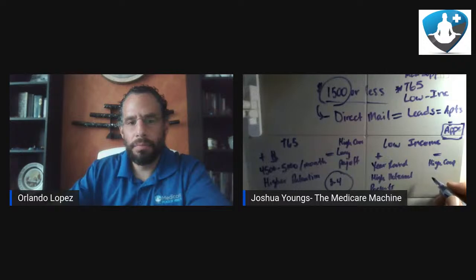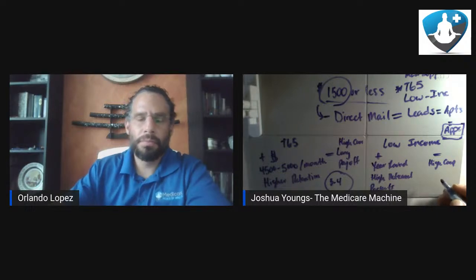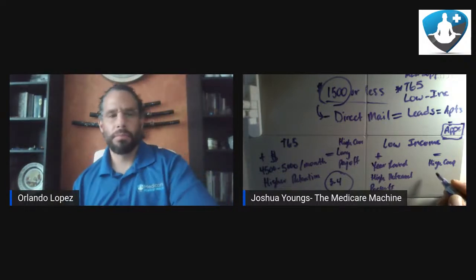Because the last few low income drops I've done, the last one I did was a 3,000 piece drop and we got one response back. That made that a very, very, very expensive lead. And even if I would have closed it, which we didn't, I never would have got my money back. So I'm hesitant to do low income because it's such a saturated market right now.